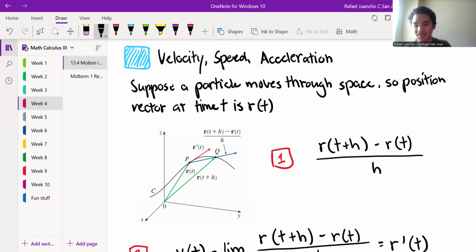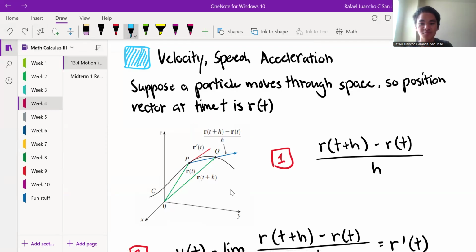So this is actually a secant vector. And then this r prime of t is the derivative at that point, r of t. And this r of t plus h is another point on that trajectory or path, and this is an estimate.